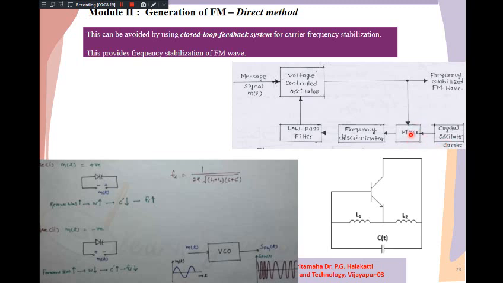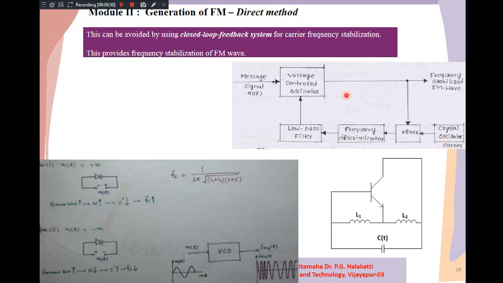If there is any frequency difference between these two signals, the FM wave and the local oscillator signal, that frequency difference will be assessed by this frequency discriminator circuit. It will be filtered and its equivalent tuning will be applied to the voltage controlled oscillator, meaning the frequency tuning of this Hartley oscillator will be done according to the frequency variation.